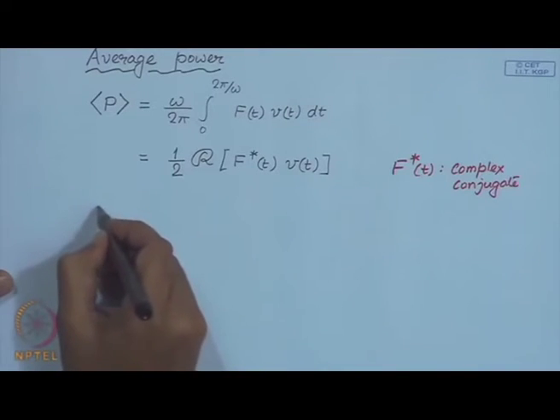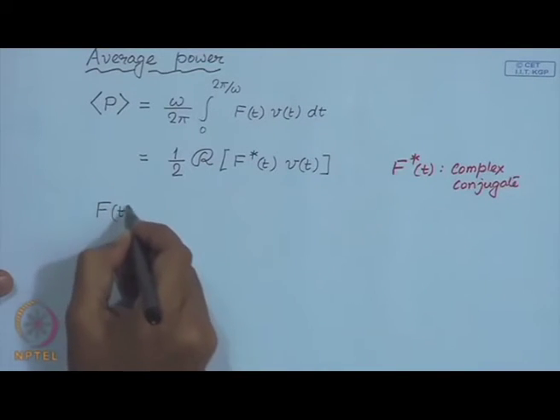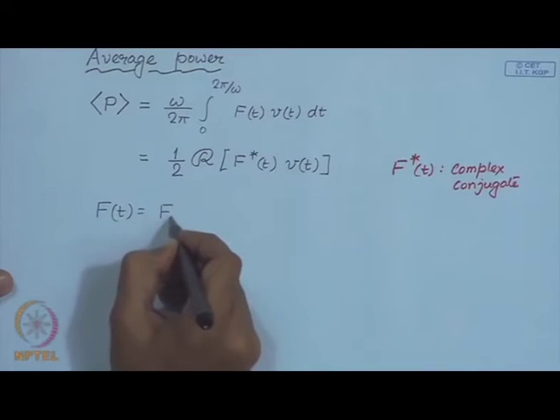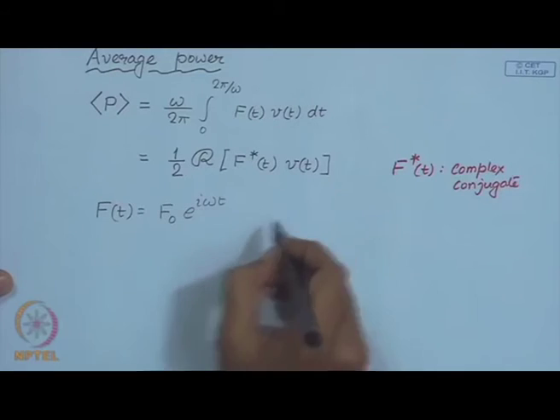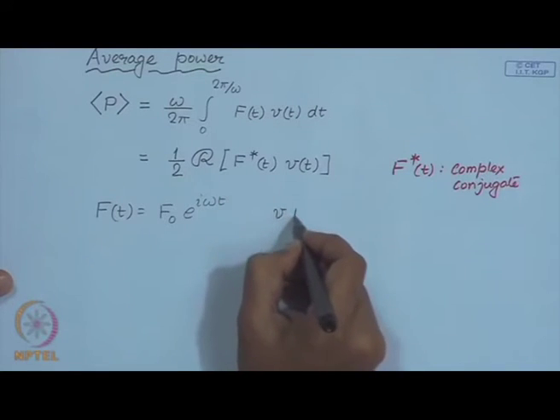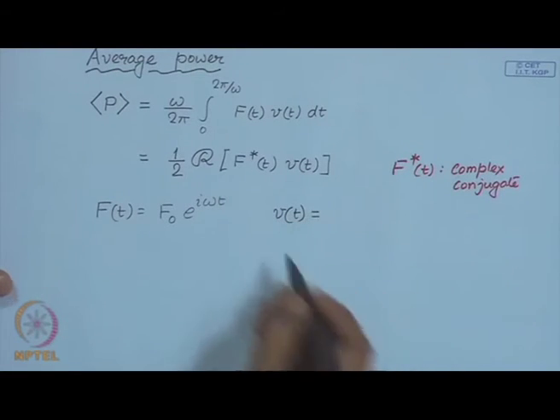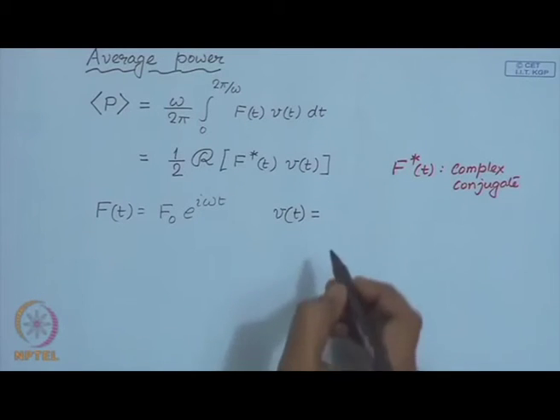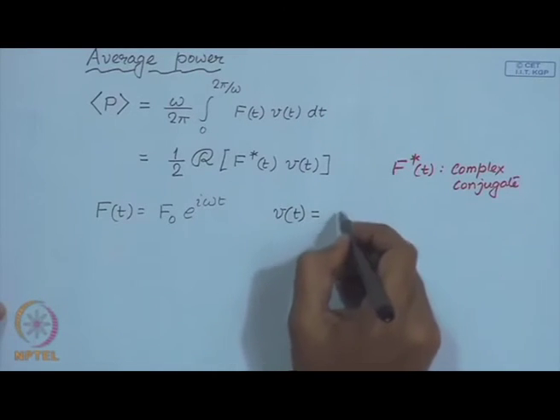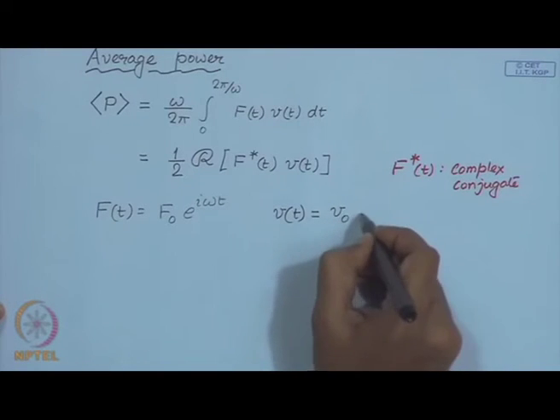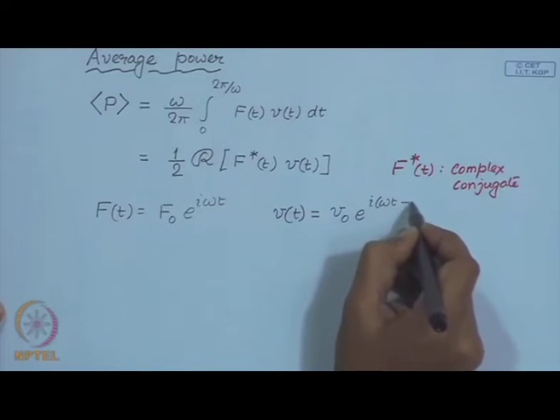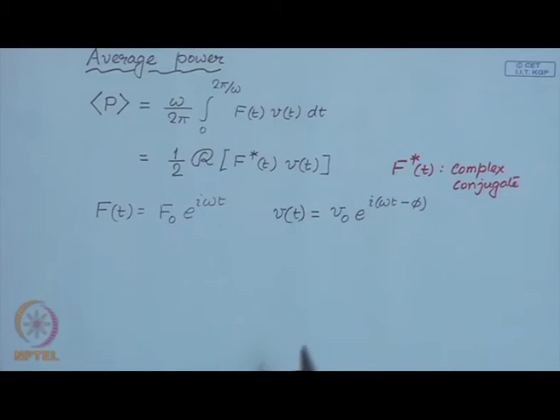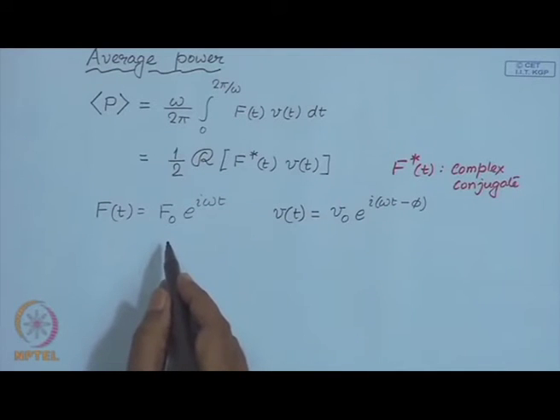So, normally we represent this if it is a harmonic force, and we know from our study of vibration of discrete systems that in general the velocity will have a phase difference with the force.